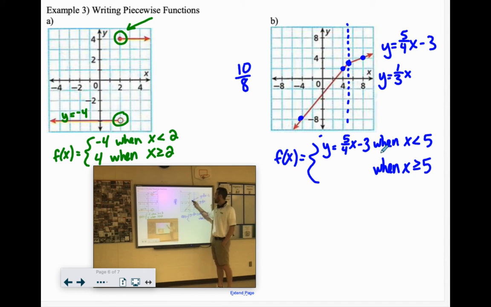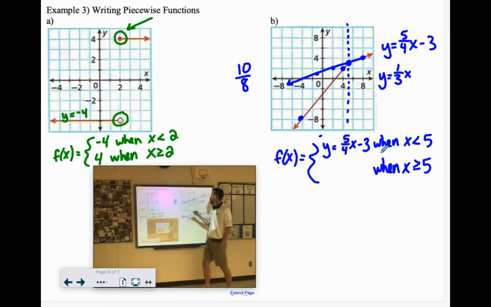Down 1 over 3, down 1 over 3. Wow, it's going to be a tough equation. So I don't know what the b is, so we're going to have to use a different form. Let's use point slope form.